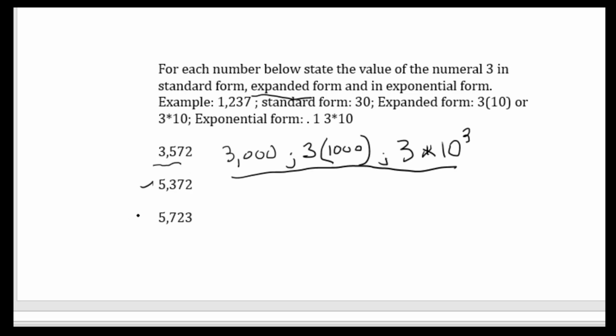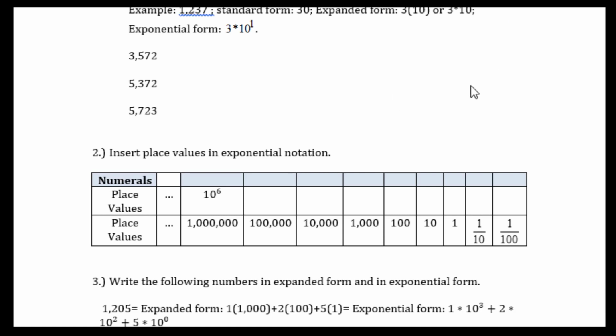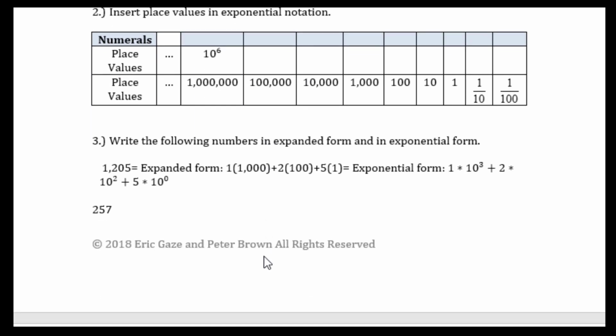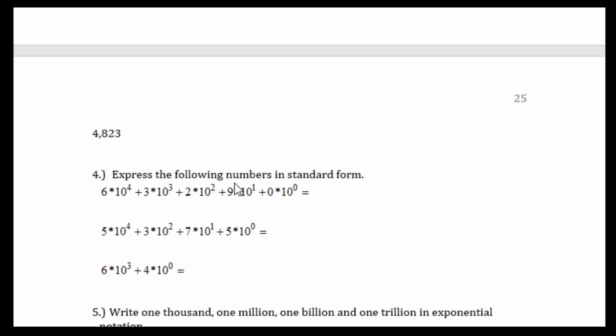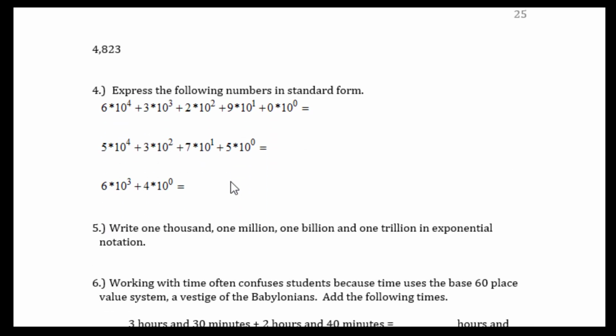So I'm going to leave this and this for you. I think you should be fine with number 2. We went over that. It's in the book there. And I'll just give you an example of number 3, so you should be fine there. And maybe I'll just do 1 here in number 4.